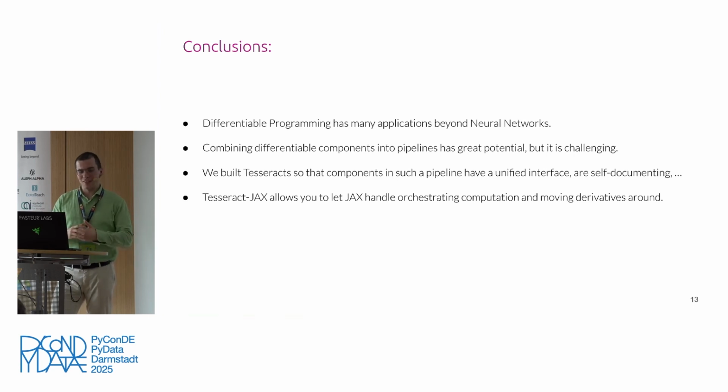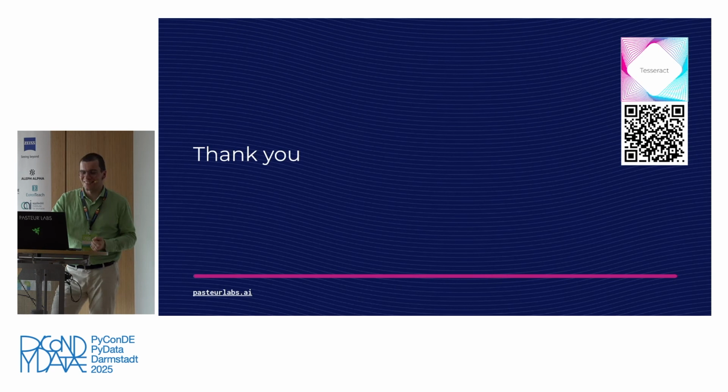There is a lot that I skimmed over, like which data types you will need to exchange between these components and so on and so forth. And yeah, we built this open source framework, Tesseracts, so that at least people have an easier time to cope with this problem. And Tesseract JAX also now allows you to orchestrate these things with JAX without really the need of doing much more. And yeah, I think that's my talk. Thanks a lot.